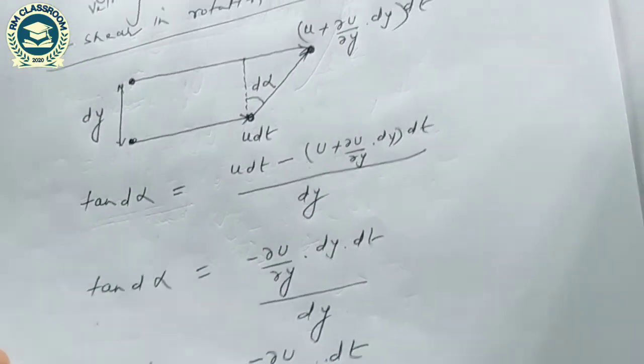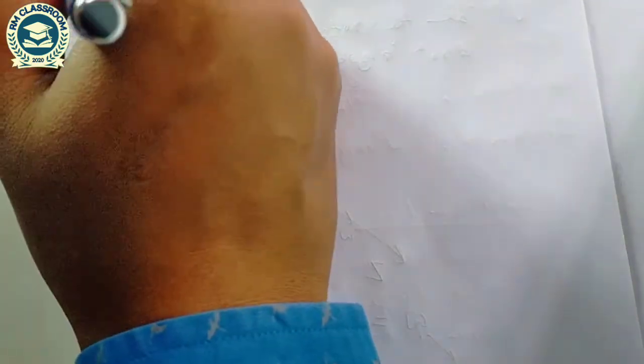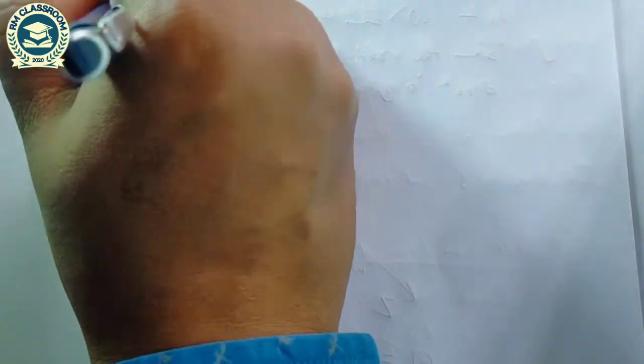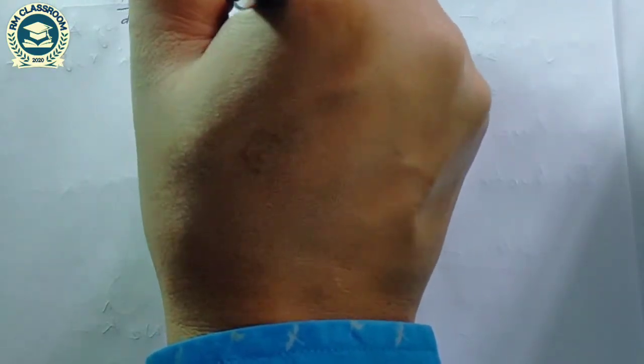So d alpha by dt is equal to minus del u by del y. This is equation number 1.